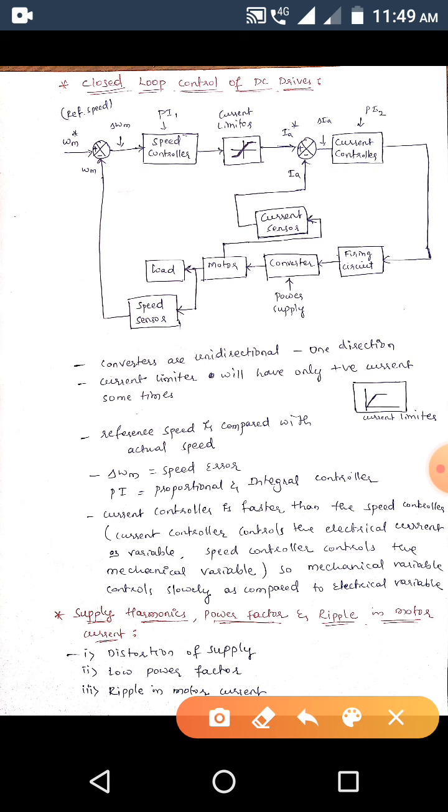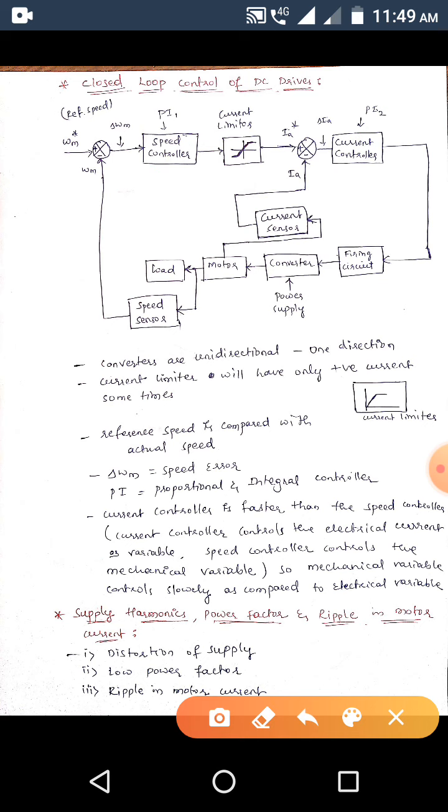That's why speed control, or mechanical variable controllers, are always slower than electrical controllers. So this is the complete closed loop control of the DC drive.